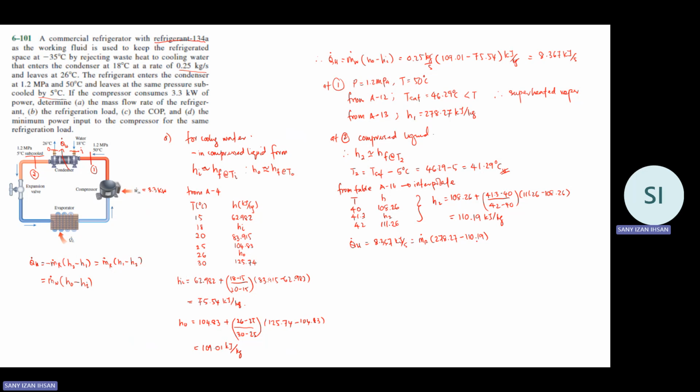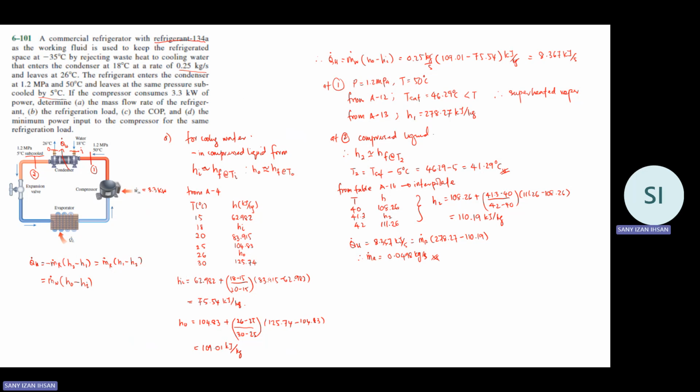All known except m dot R. If you calculate this, you get the mass flow rate of the refrigerant, which turns out to be 0.0498 kilogram per second. So that is your answer for part A.